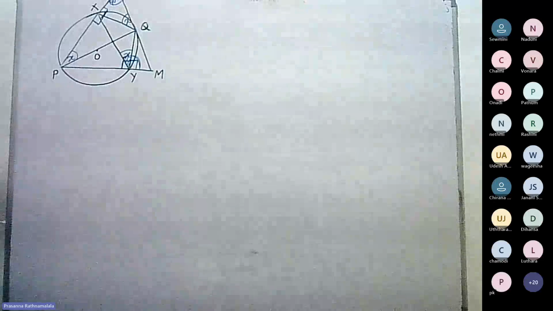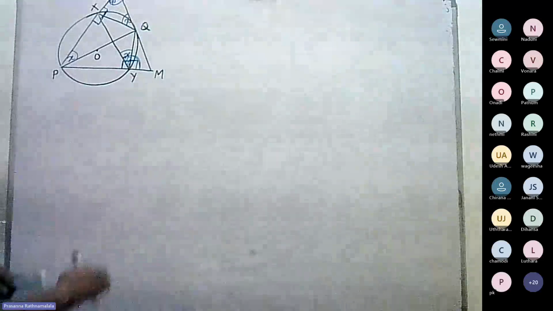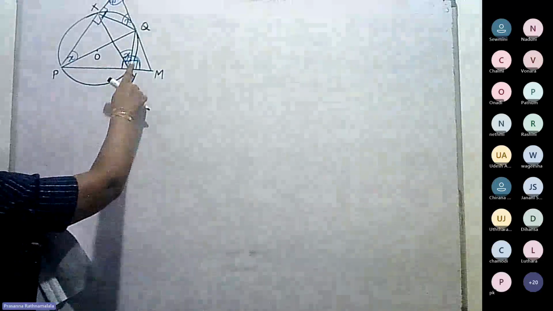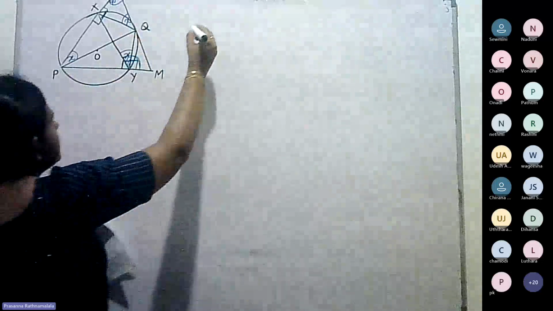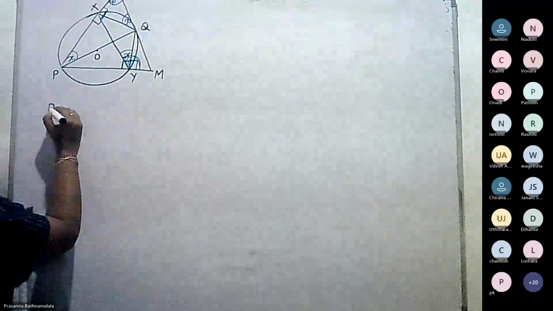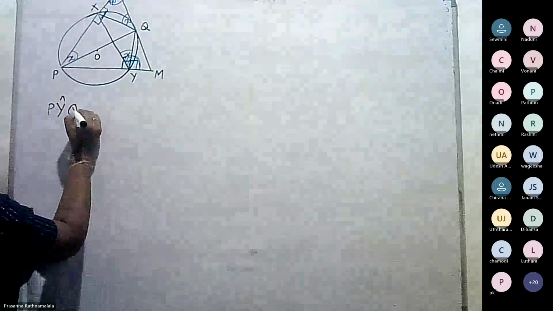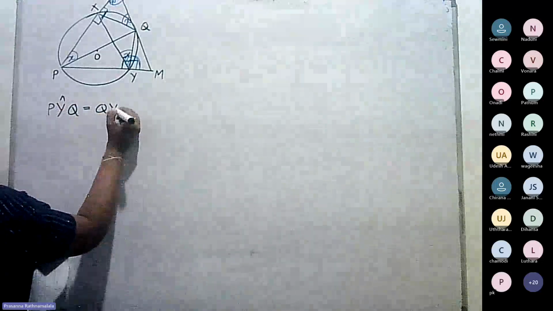Then you know that two angles are given equal, PQY equals QYM.